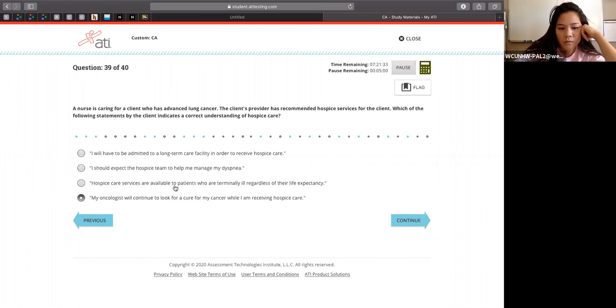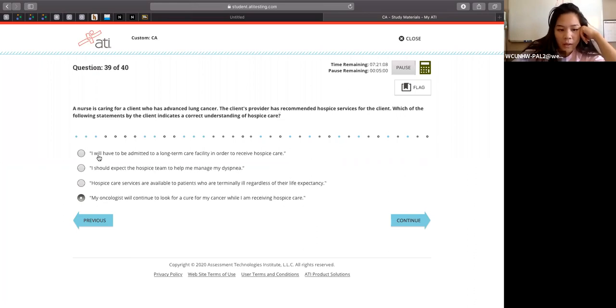Hospice care services are available to patients who are terminally ill regardless of their life expectancy. Hospice care can provide care for patients for 6 months. In order to apply to hospice care, they have to have a prognosis of less than 6 months to live. So it's not going to be regardless of their life expectancy.